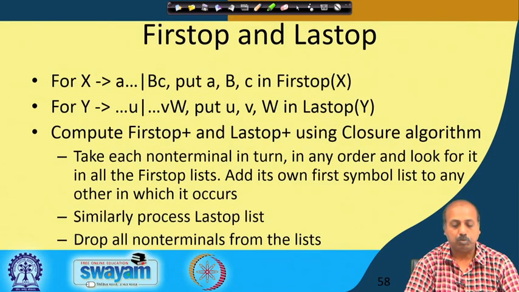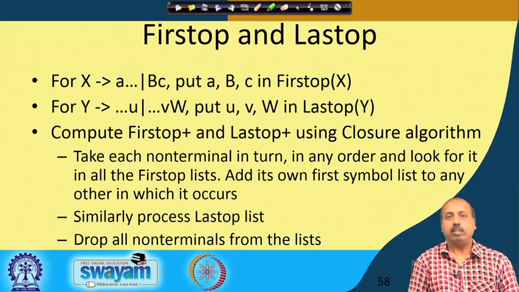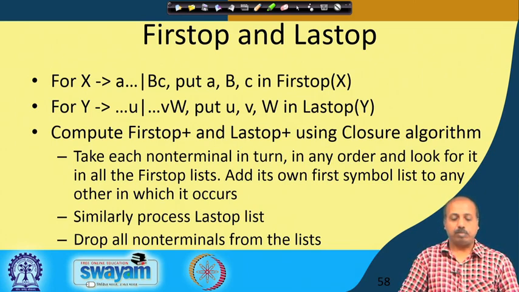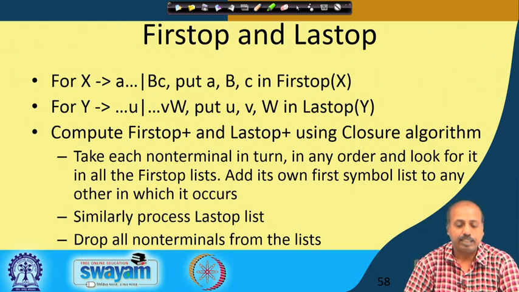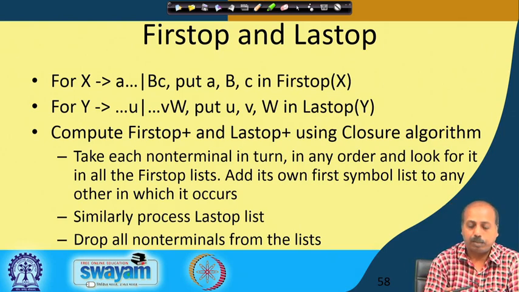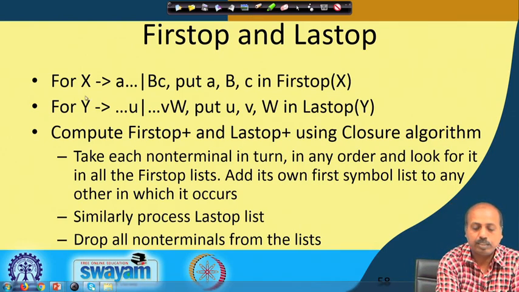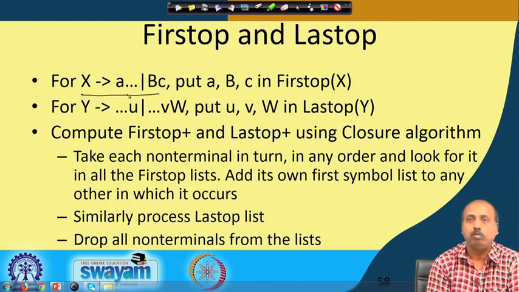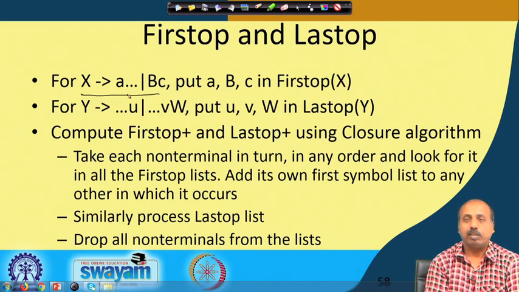So, how to construct last of plus and first of plus? Before going to these, we have to consider first of and last of. First of is like this. Suppose we have a grammar rule, say X producing a, and so on, where whatever I am writing in lowercase letters are terminal symbols, and whatever is written in uppercase are non-terminal symbols.